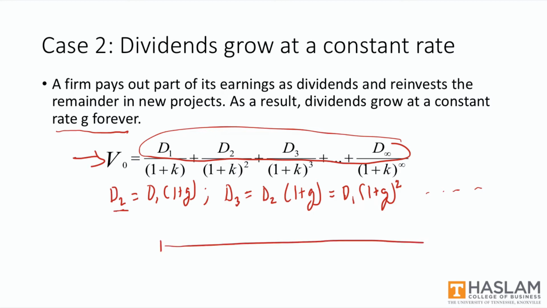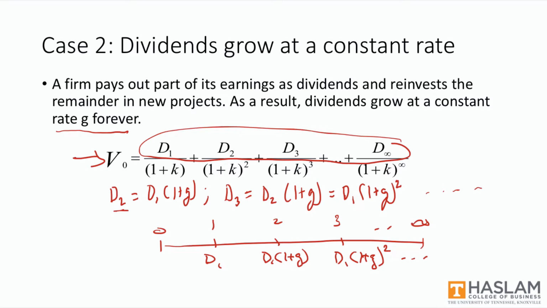Now go into a timeline. Just write the first few. We have D1 times 1 plus G for D2, D1 times 1 plus G squared for D3, and then this is going to continue on forever.